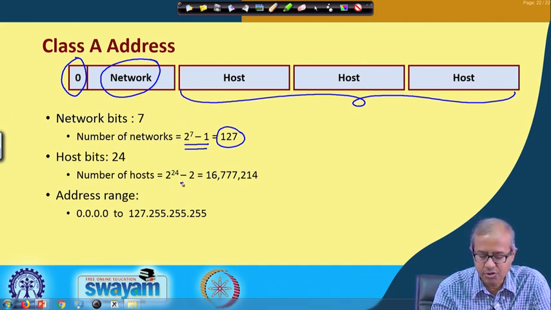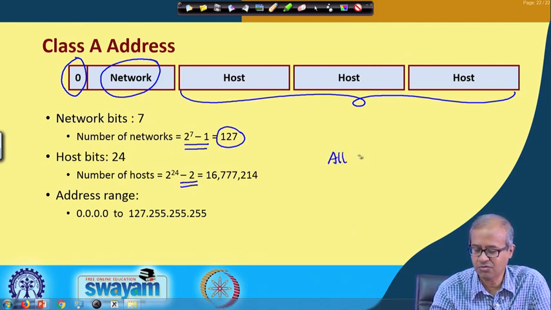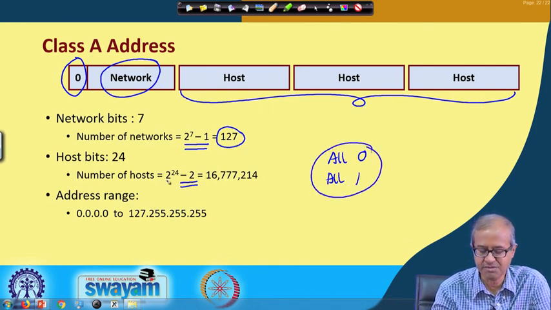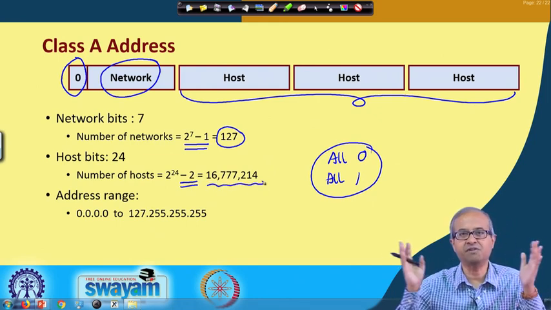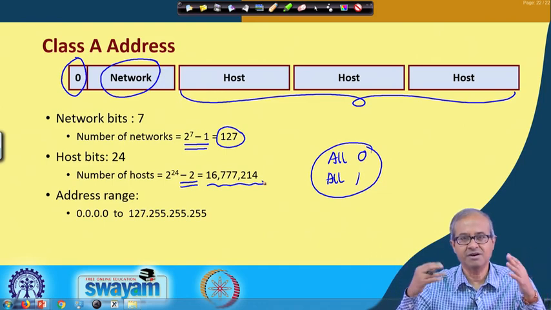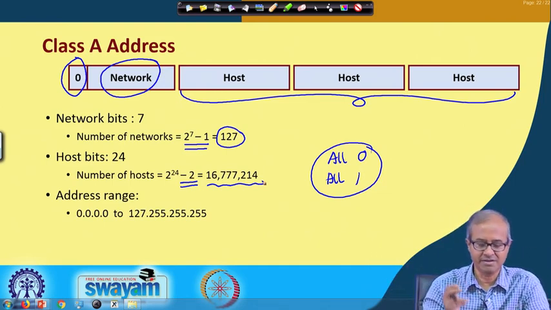Out of that, 2 combinations, the all 0 and all 1, are used for special purposes, as we will see later. So it becomes 2 to the 24 minus 2, which is of the order of 16 million. This is used for very large networks, up to 16 million computers in a single network.